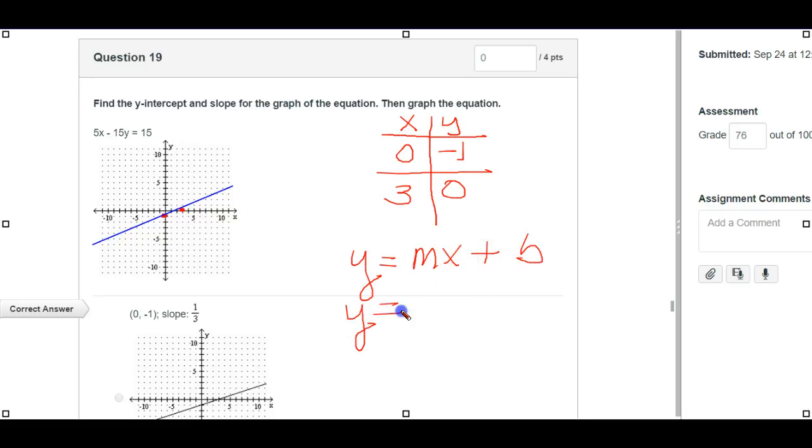So we have y equals our slope, which is 1/3 x, and then our y-intercept in this form. This is the official form of writing it. Y is 0 comma the y value, which is 0 comma b, so our y value is negative 1. And that's the solution of this one.